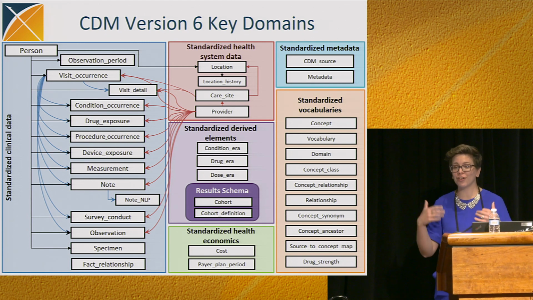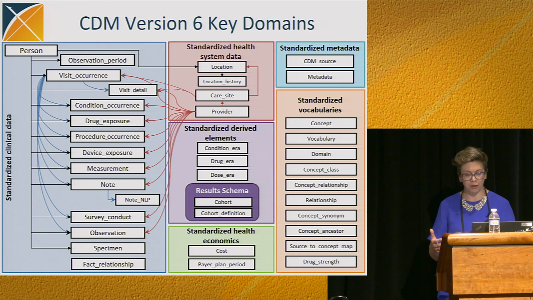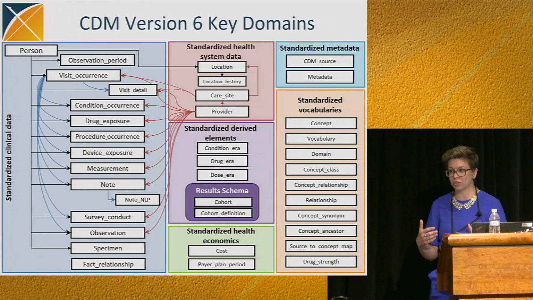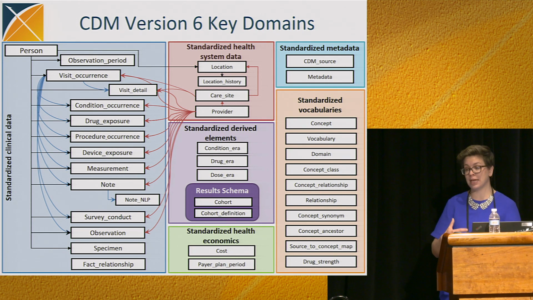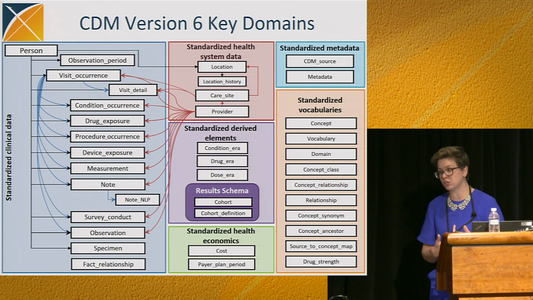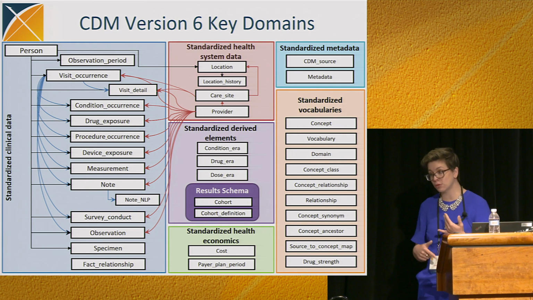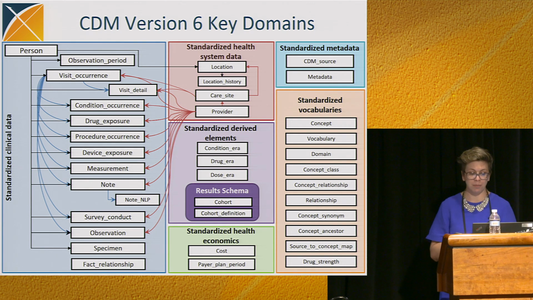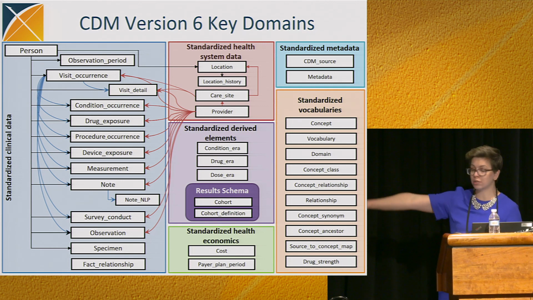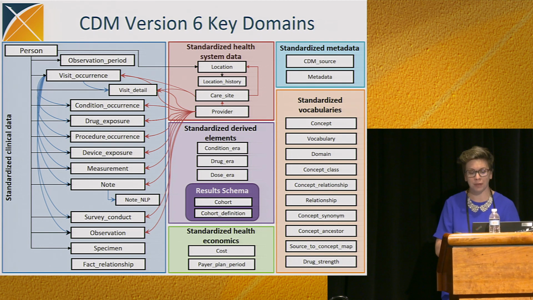So you'll hear over and over again today that the Common Data Model is a patient-centric model, and all these tables are containing information that happens to those patients. So what were the drugs that the patients were exposed to? What conditions did they get diagnosed with? What measurements were taken on them? So I really consider that those blue tables are really the core of the CDM and what you're going to be doing the majority of your analysis on.